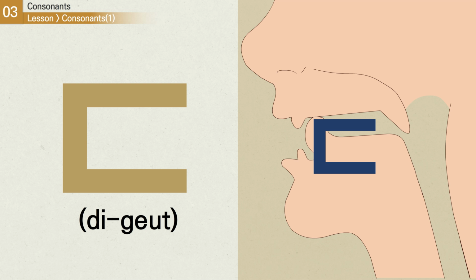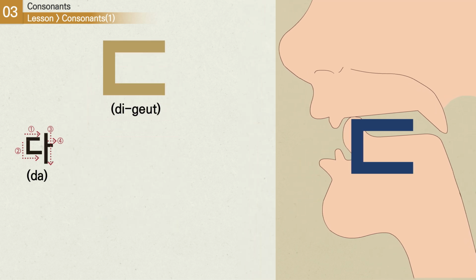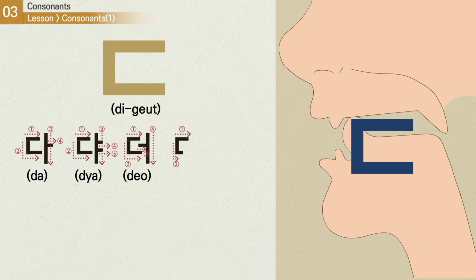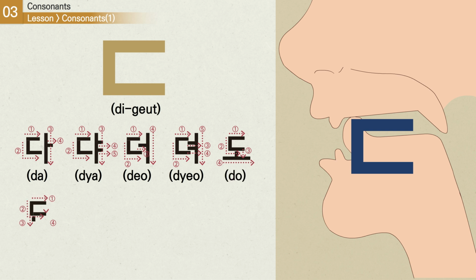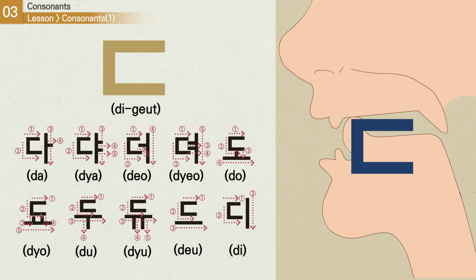Also, while niun is a nasal sound, tigut is not. Listen carefully. 다, 댜, 더, 뎌, 도, 됴, 두, 듀, 드, 디.